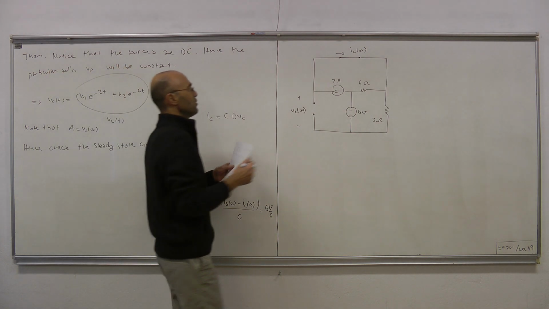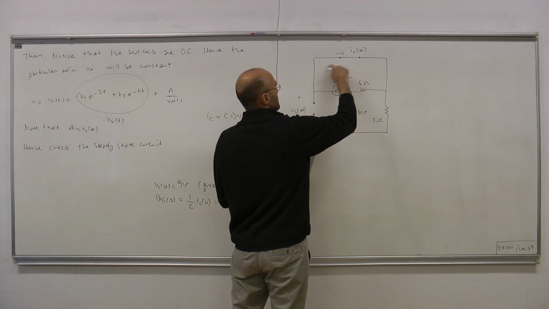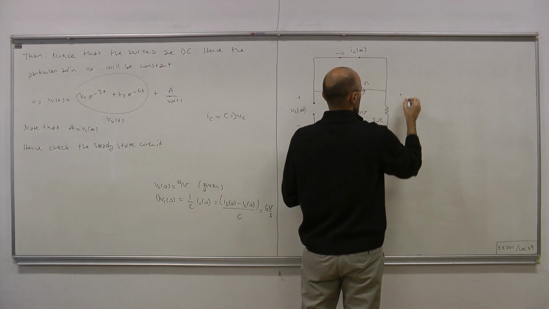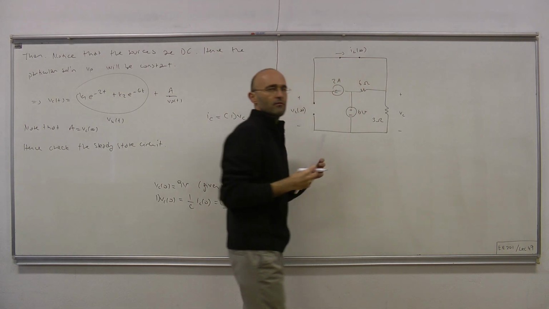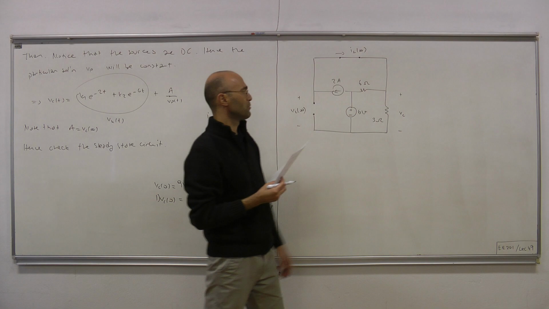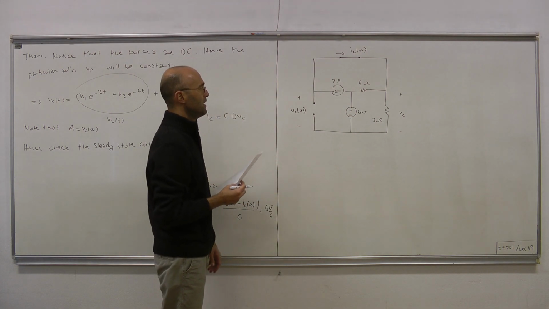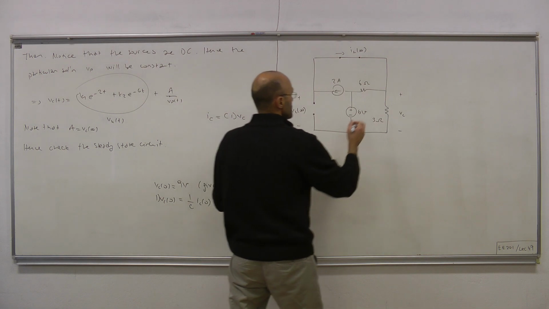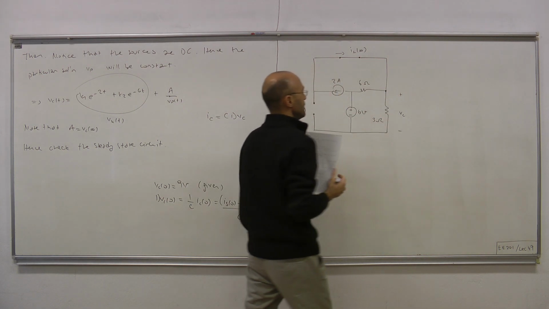Okay. Now, because this inductor is now a short, this voltage and this voltage must be the same. So the capacitor voltage appears across the terminals of the 3 ohm resistor. Let's figure out VC. Just write the node equation here.